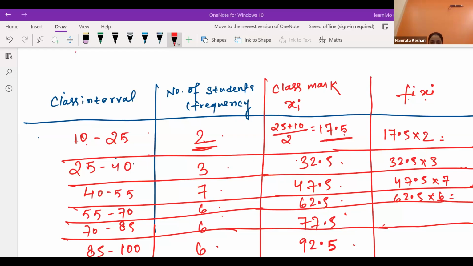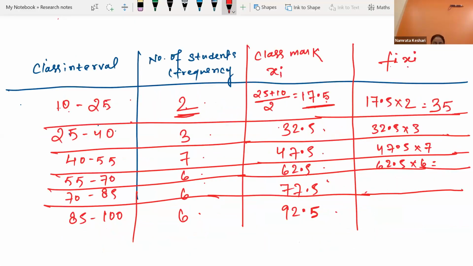First one is 35. Okay, next one, 97.5. Next, 332.5. Next, 375.